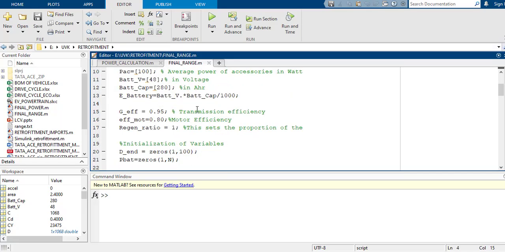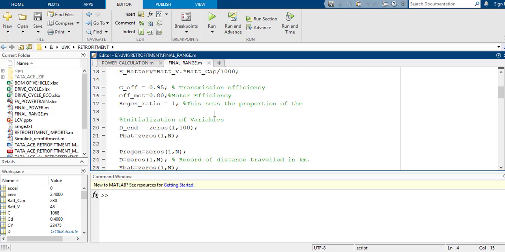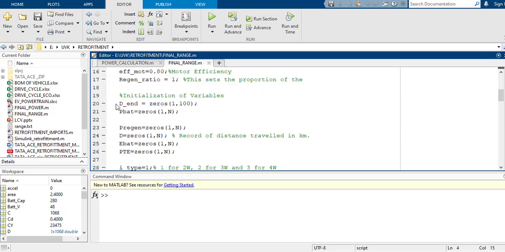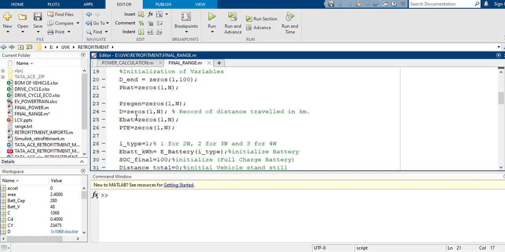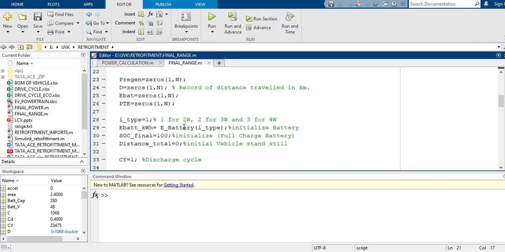Also transmission efficiency, as there are some losses in it, and motor efficiency, then the regeneration ratio. After that we have plotted these points to define them in matrix format.